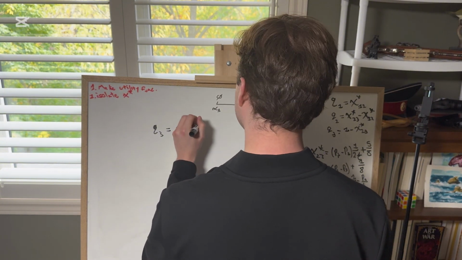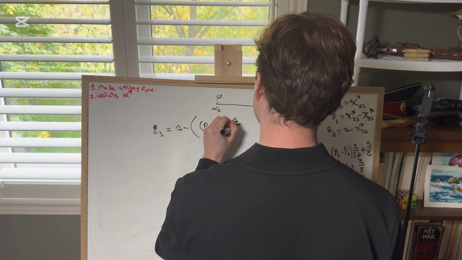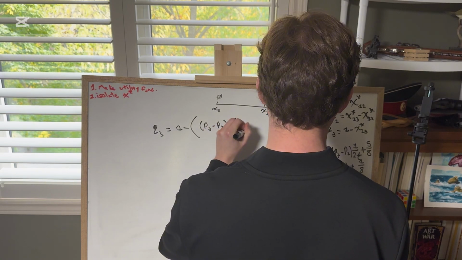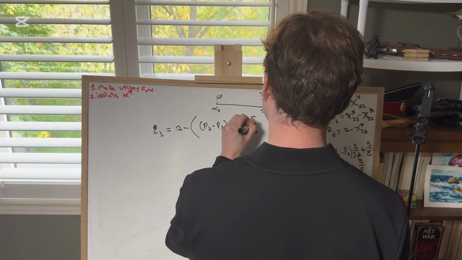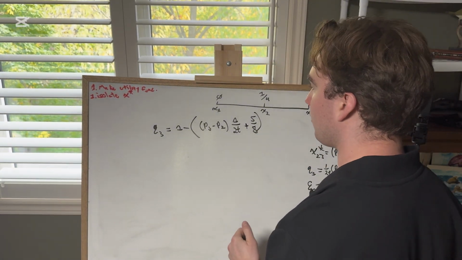Bracket P3 less P2, 1 over 2t, plus 5 over 8. So let's just put everything together right now.